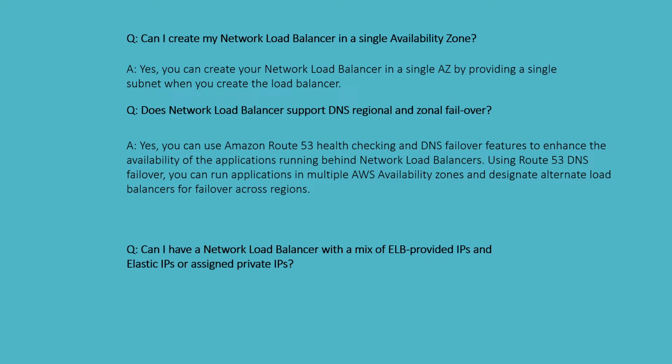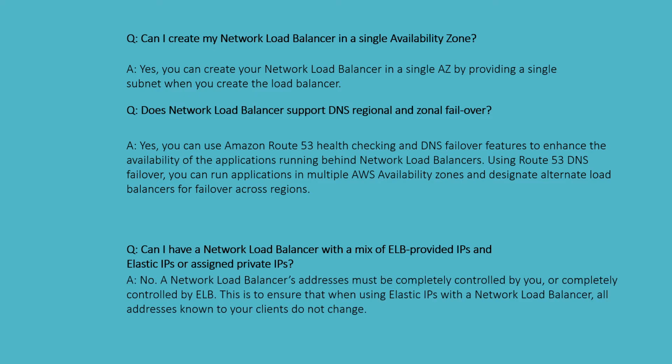Can I have a Network Load Balancer with a mix of ELB provided IP, Elastic IP and assigned private IP? No. Network Load Balancer addresses must be completely controlled by ELB. There is no guarantee that when using Elastic IP with a Network Load Balancer, all the addresses known to your clients will not change.